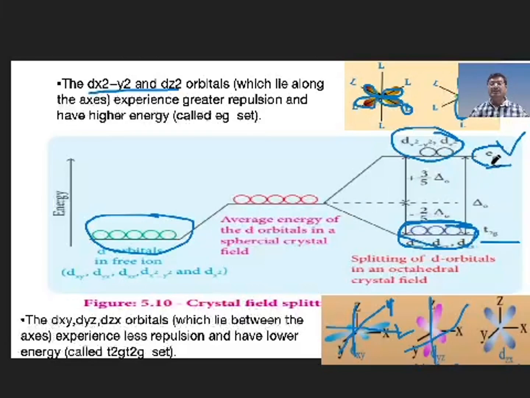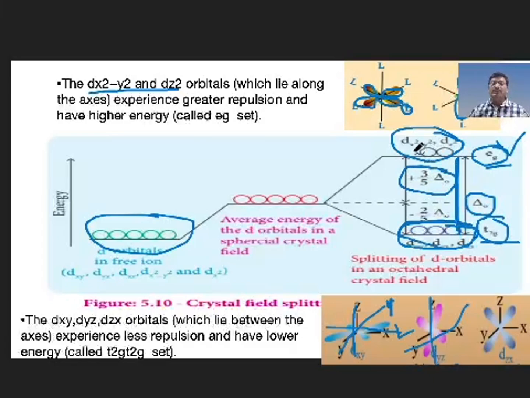The higher energy level is called Eg and the lower energy level is called T2g. So Eg energy is more and T2g energy is less. The energy difference between these two is called delta O. The O stands for octahedral. So delta O is the energy difference between these.